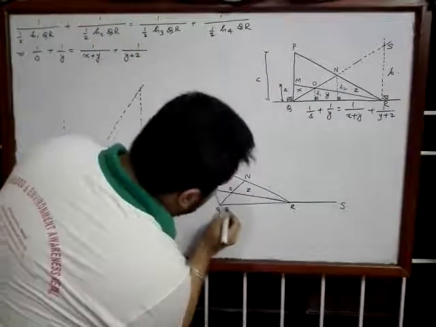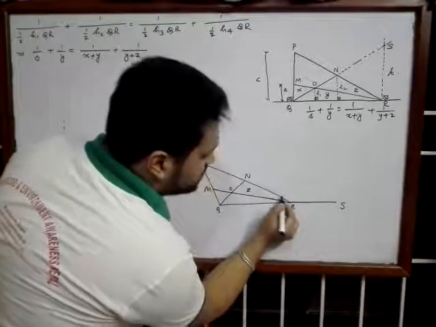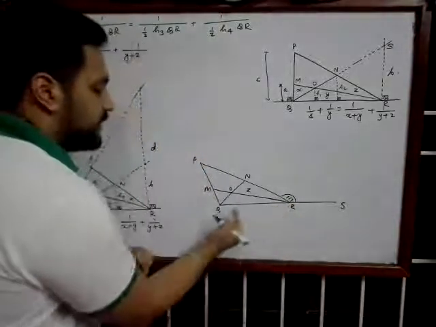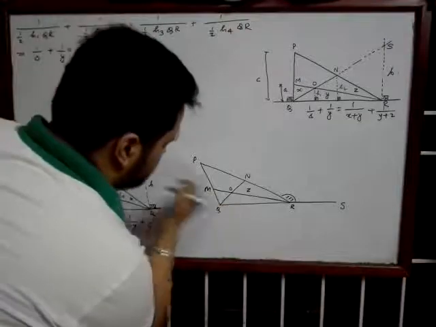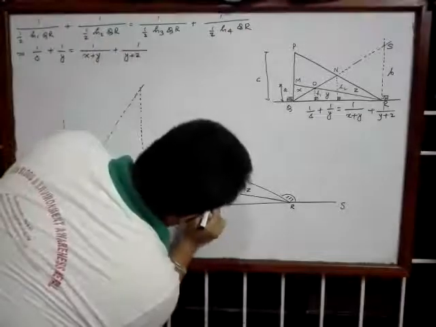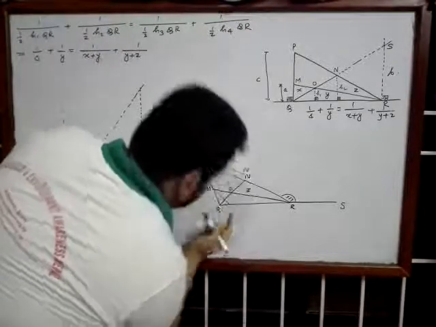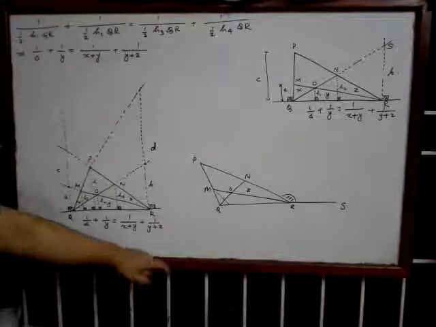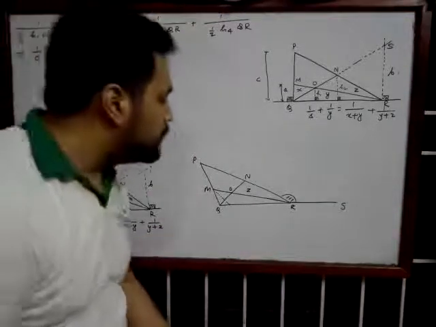Greater than the angle at Q, but less than this angle. So maybe this is that angle. This might be one angle.